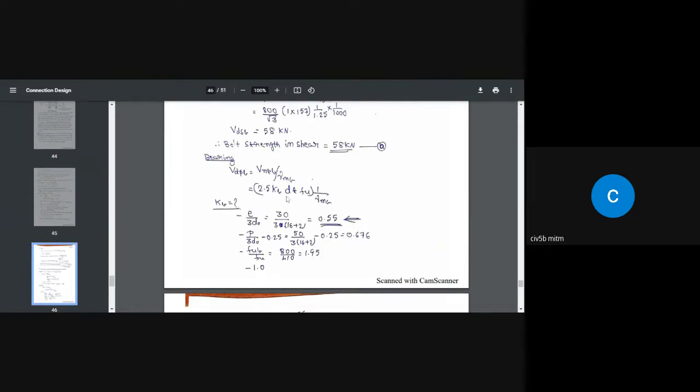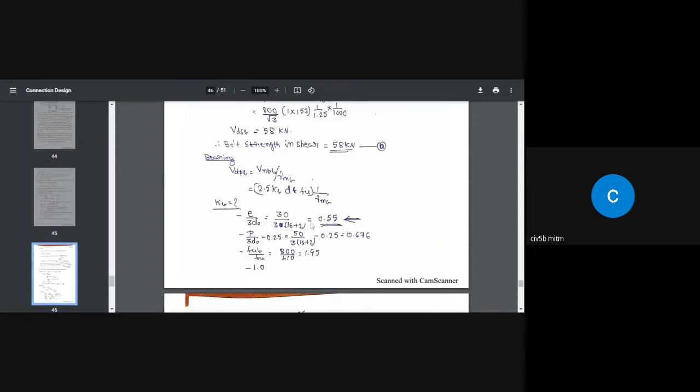As I proceeded with the problems, I'm giving less prominence to finding e, because you know it already. I don't have to repeat how to find e minimum and e maximum. So I've simply taken some value which falls between e minimum and e maximum. Similarly, the pitch I have taken as 50 millimeter, which falls between p minimum and p maximum as per the codal recommendation.